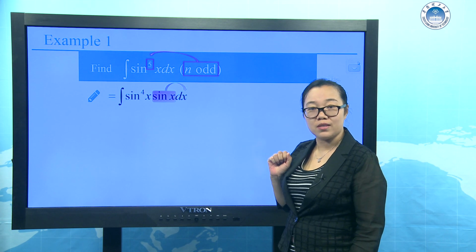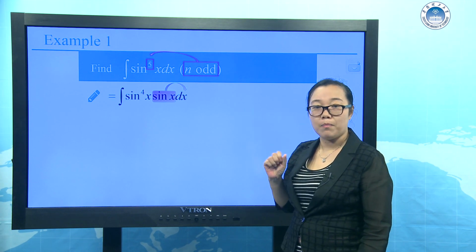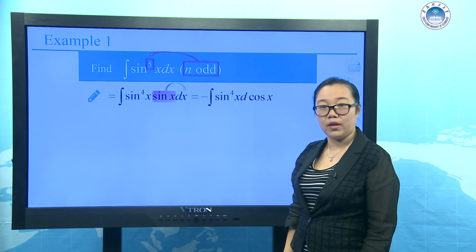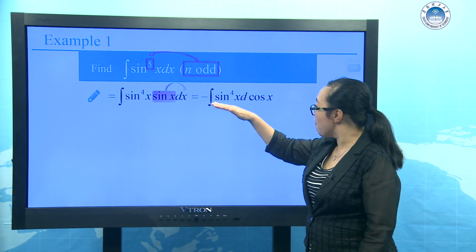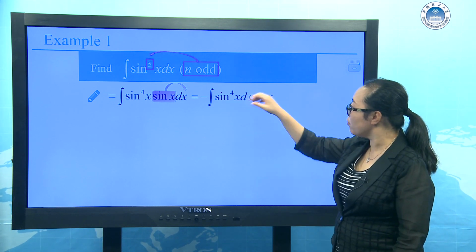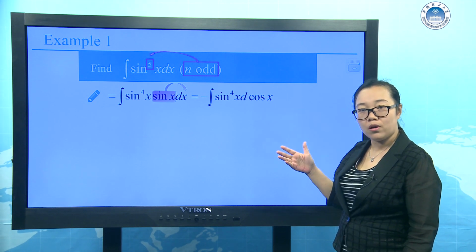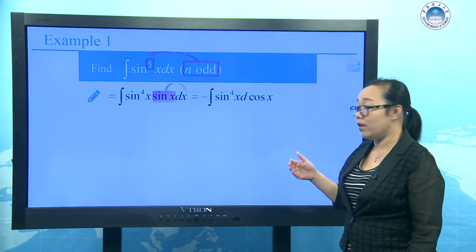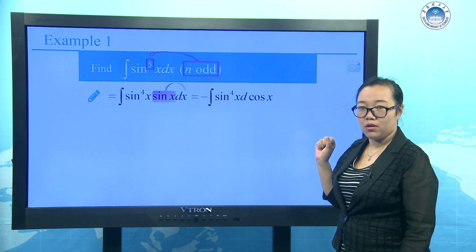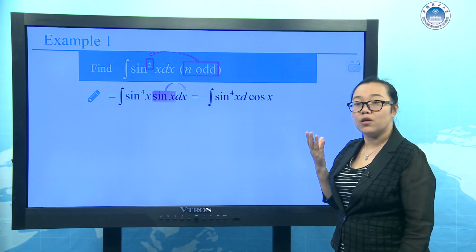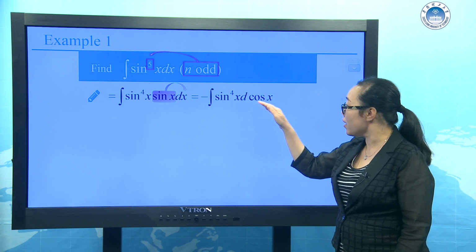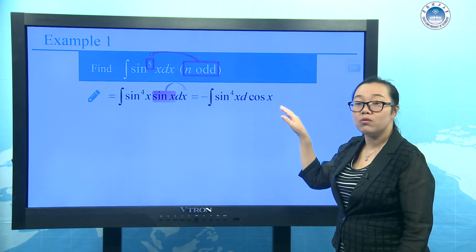Do you remember? Sin x dx is taken in by the substitution. We can write it as minus sin x to the 4th power d cosine x. Now, our integration variable is cosine x.